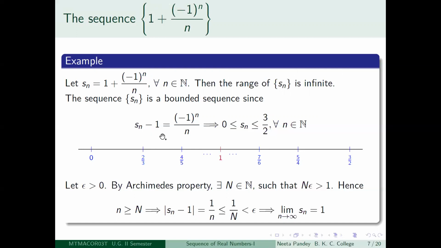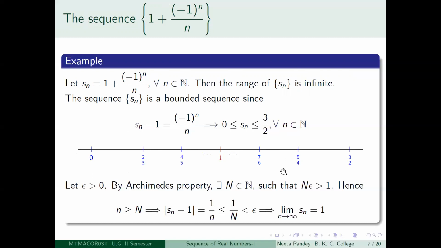So Sn minus 1 is just going to be minus 1 to the power n by n. So the maximum distance would be half from 1 on this side, and the maximum distance would be 1 on the left of 1. So you get that Sn is between 0 and 3 by 2. You can very well see this. So therefore, this is a bounded sequence, first of all.